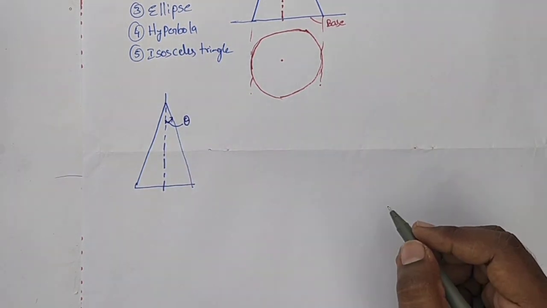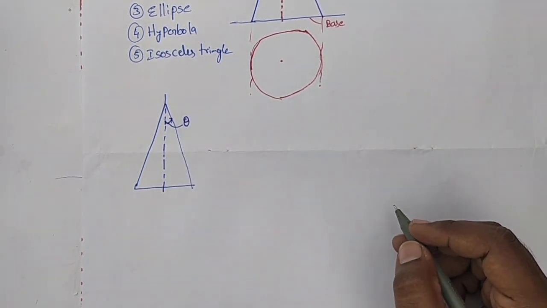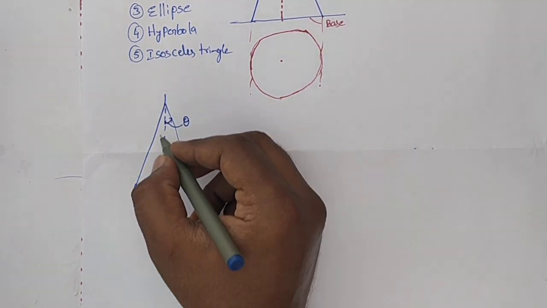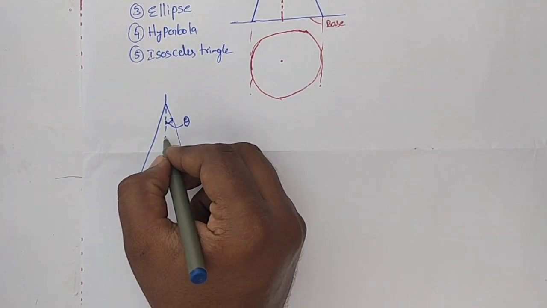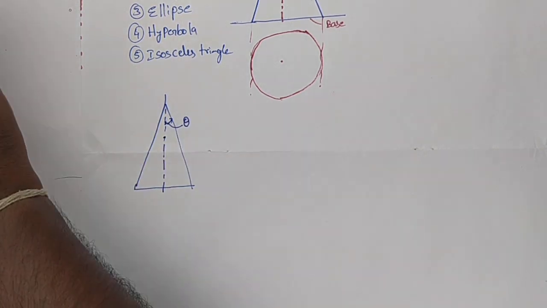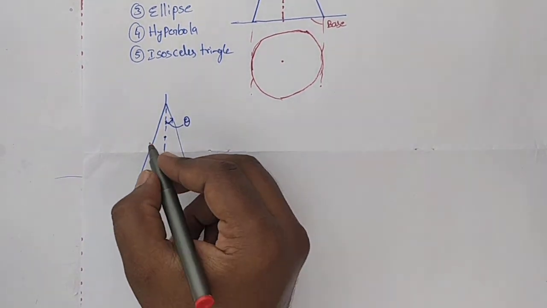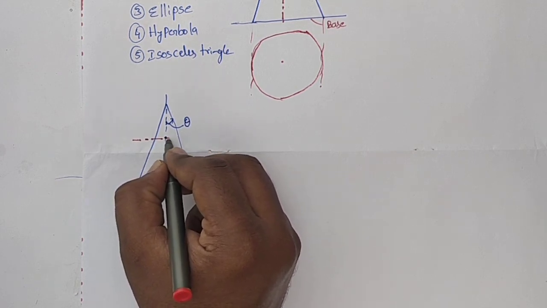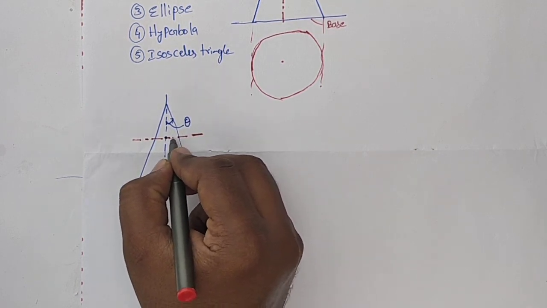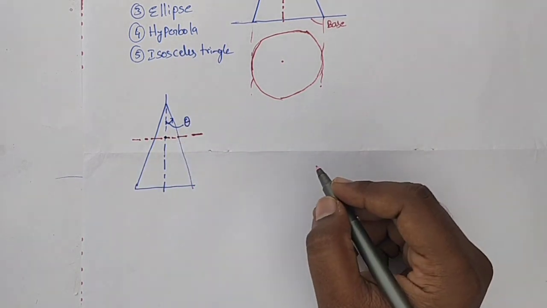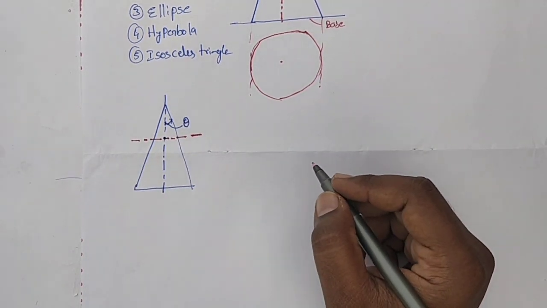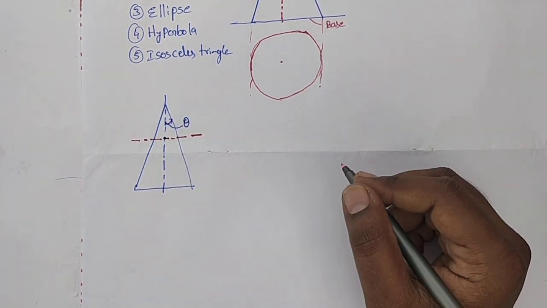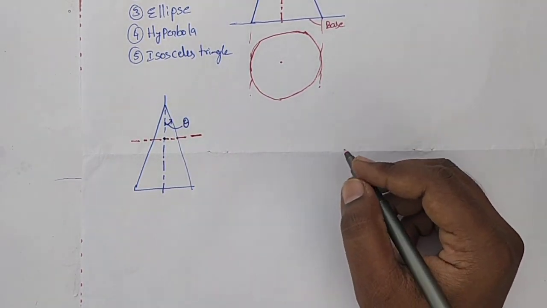I'm going to cut this cone at any point on the axis, with a cutting plane perpendicular to the axis of the cone at any point from apex to base. We get the circle.